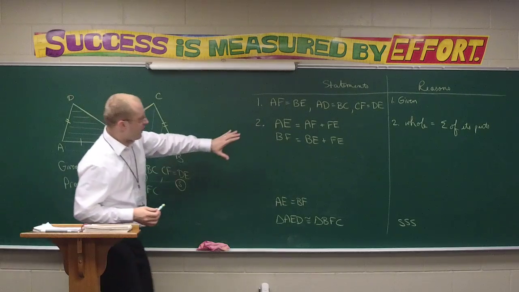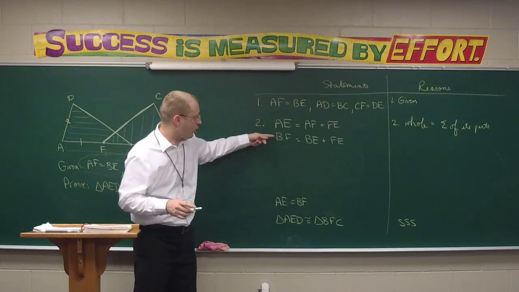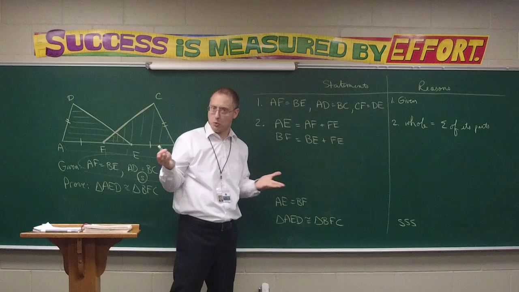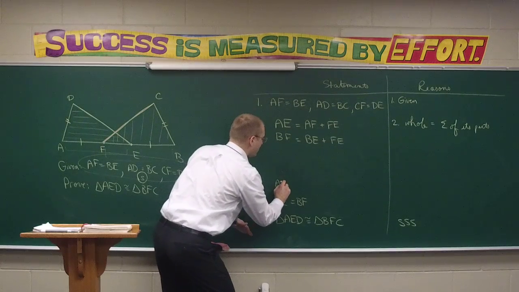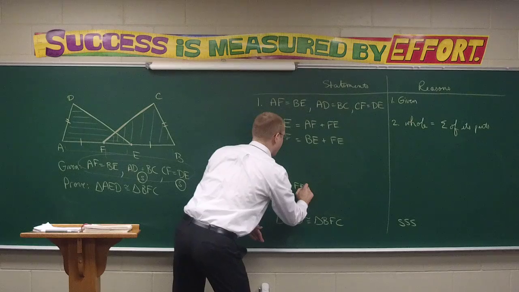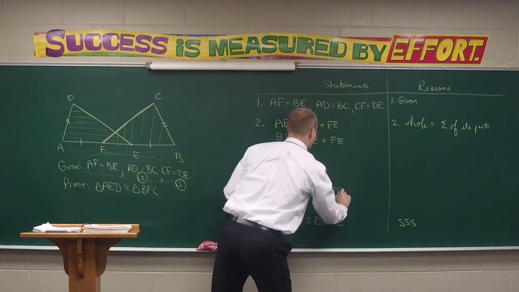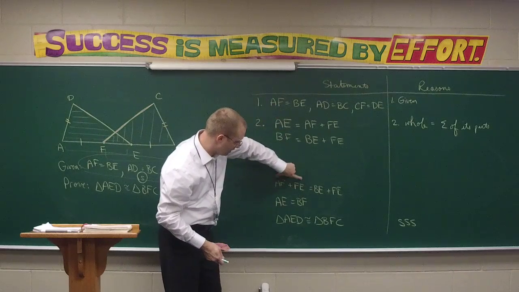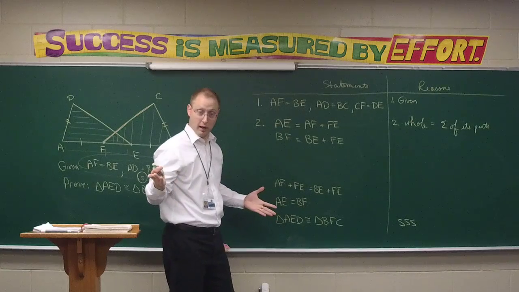So, if I want AE, the whole, equal to BF, the whole, then the sums of the parts would need to be equal, correct? Somehow, some way, you understand that if I could say that AF and FE together equal BE and FE together, then I could substitute an AE right here and a BF right here, right?